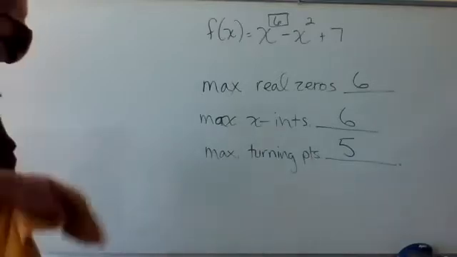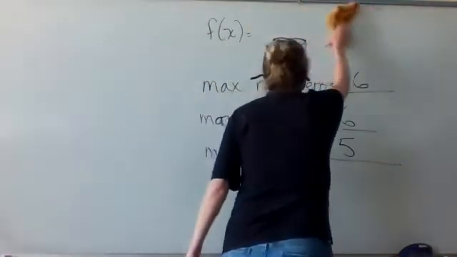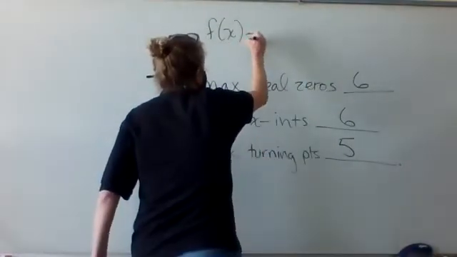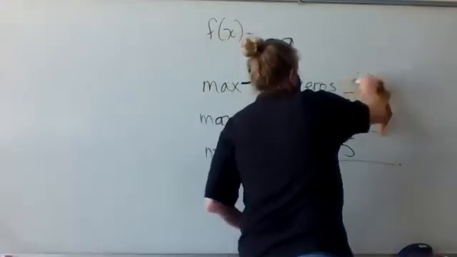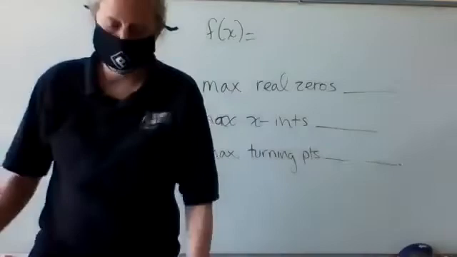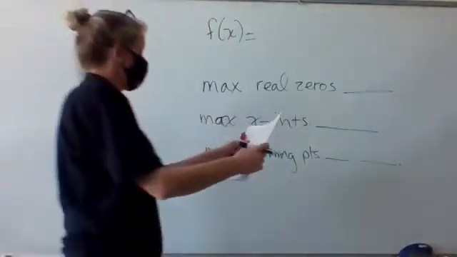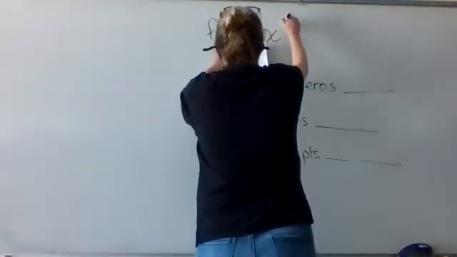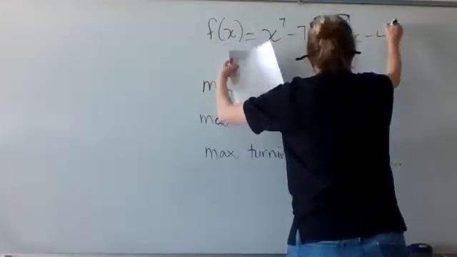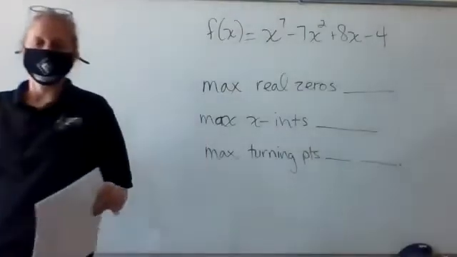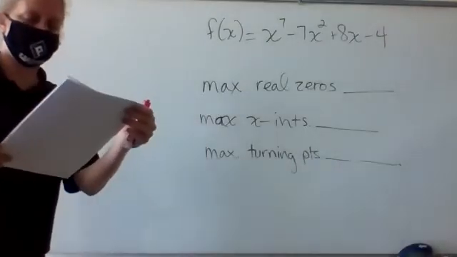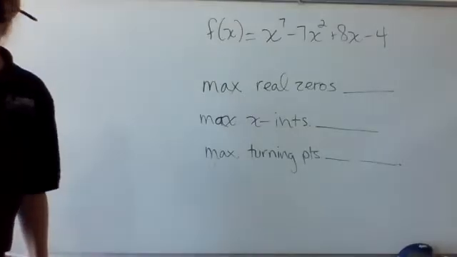Right, number 2, same thing. So there's my function, f of x equals x to the 7th minus 7x squared plus 8x minus 4.